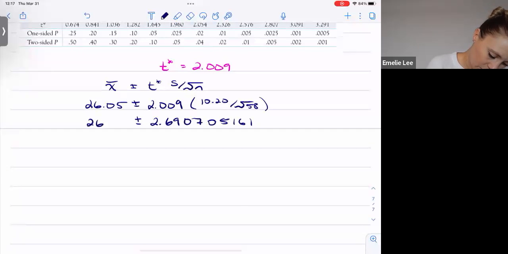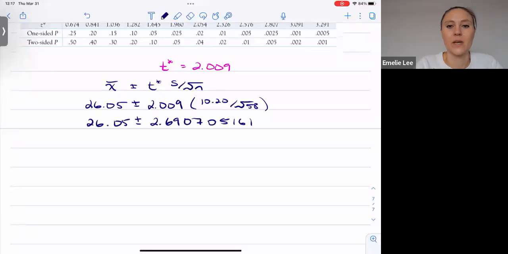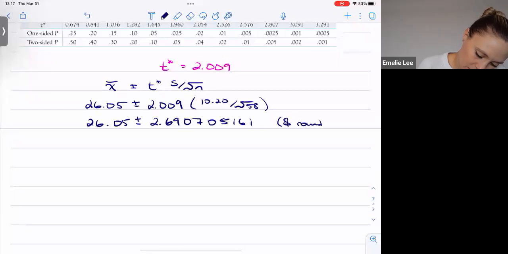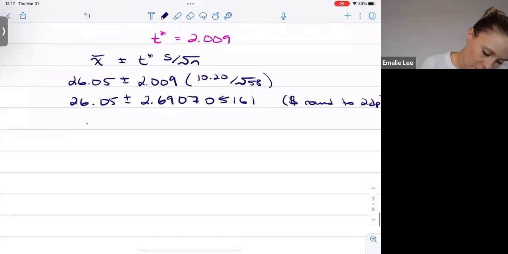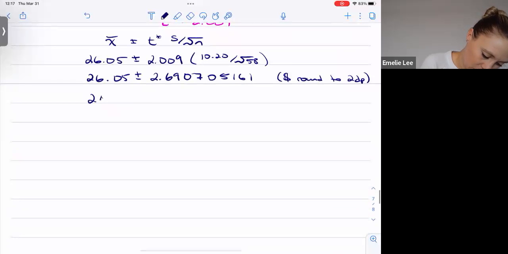2.69070561. What's nice about money is we know that we round to 2 decimal places, so dollars round to 2 decimal places. So we can go straight to 26.05 plus or minus 2.69.